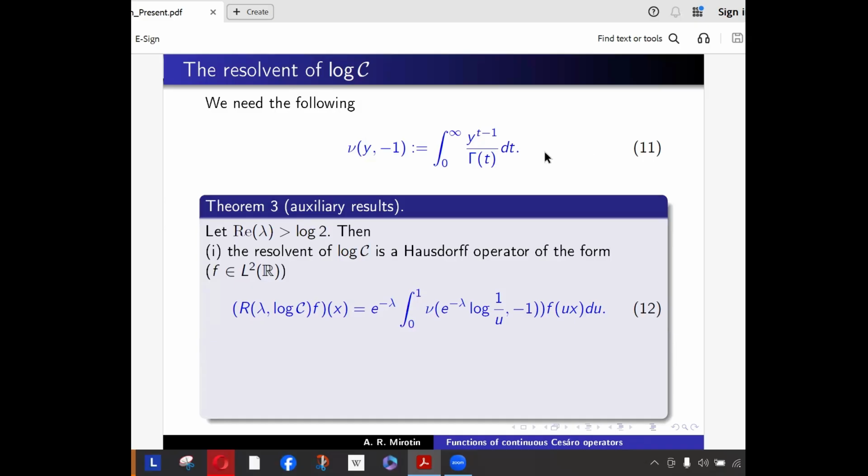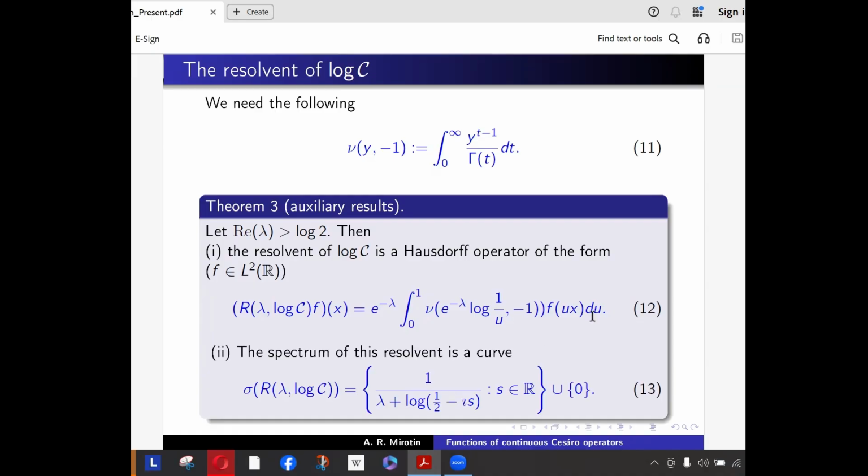In terms of this special function, first of all, we can describe the resolvent of the logarithm. The resolvent of the logarithm is given by formula 12, and we see that the resolvent of the logarithm is also a Hausdorff operator of the form Hk.